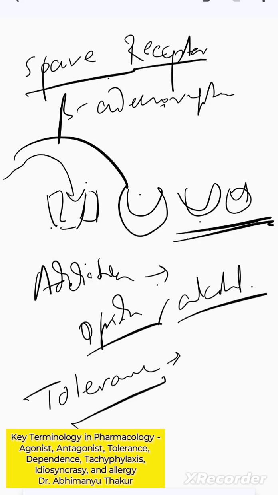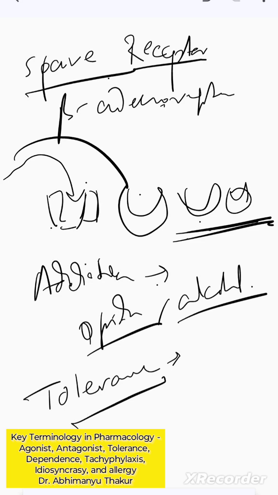Then there is a term called dependence. These are the withdrawal symptoms on stopping the drug. Suppose a patient is taking a certain drug, and if he or she becomes addicted to that drug and it is withdrawn, then various symptoms will arise because the patient has become dependent on that particular drug.